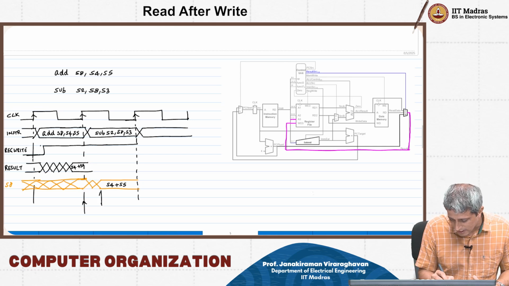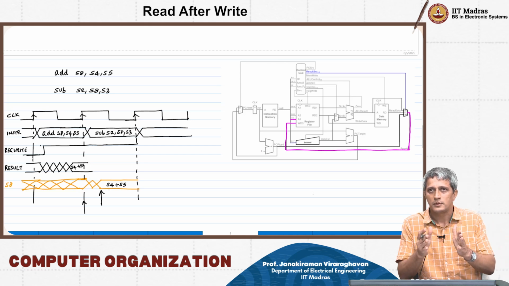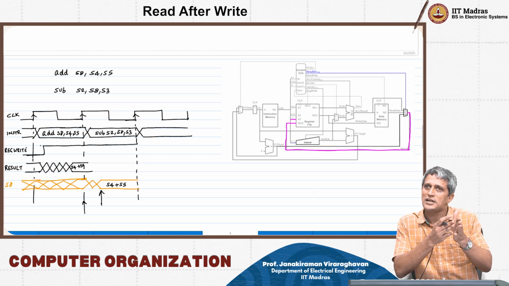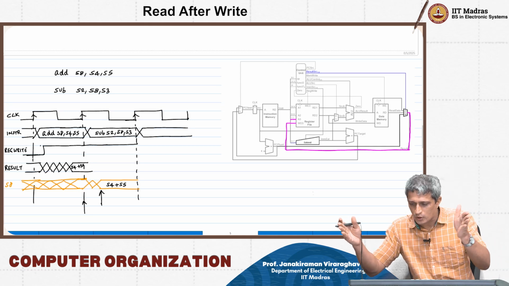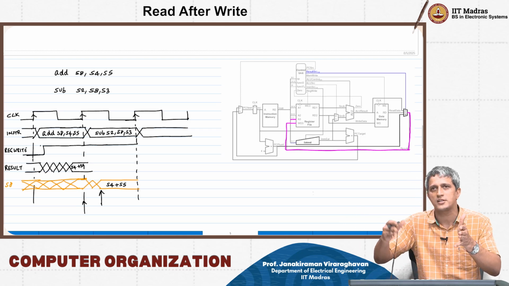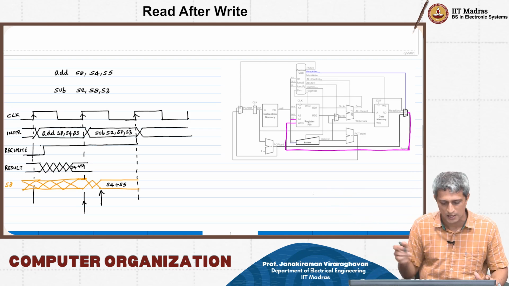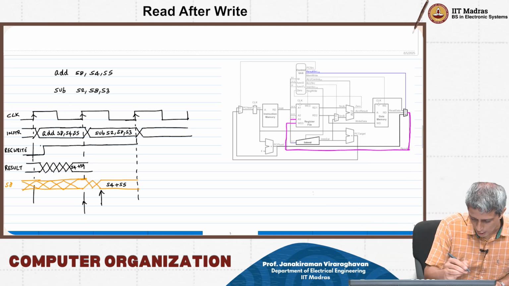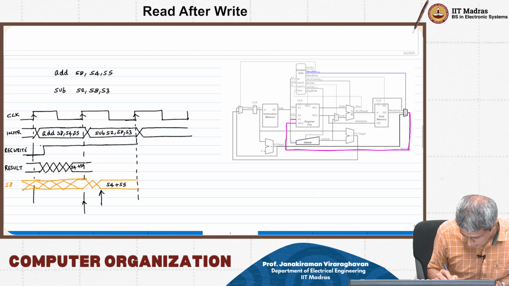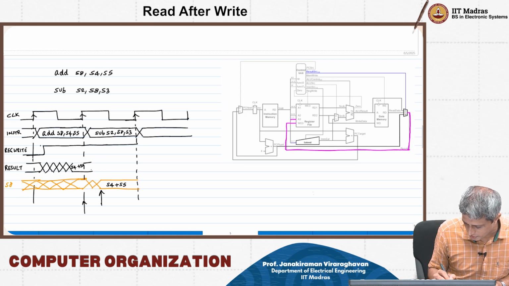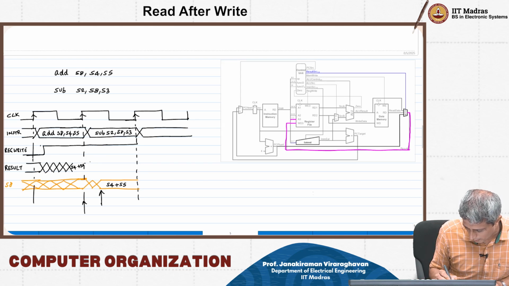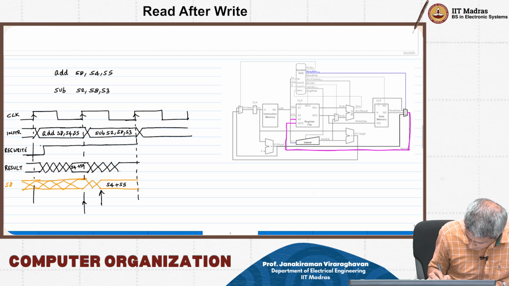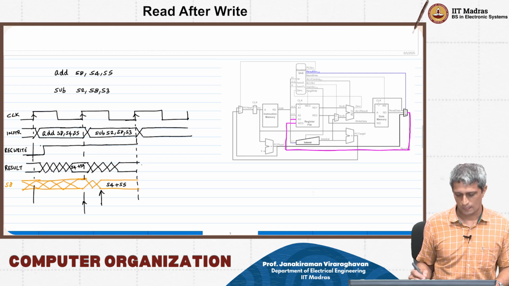When S8 changes at this point, which is after the clock, that change will still go through the register file to the ALU and start. So if you look at the result here, once things start changing at this point, this will start wiggling and it will finally settle to its final value.